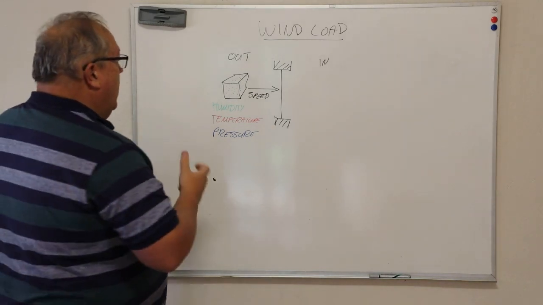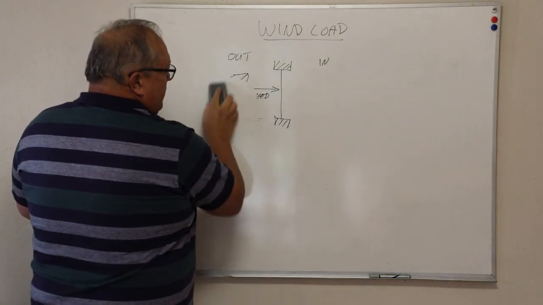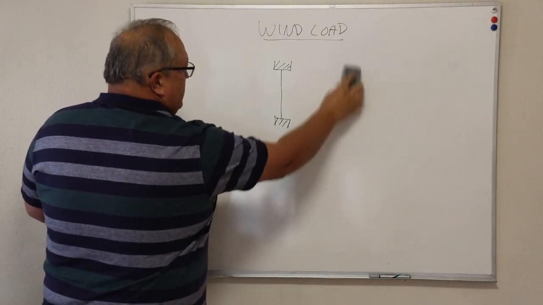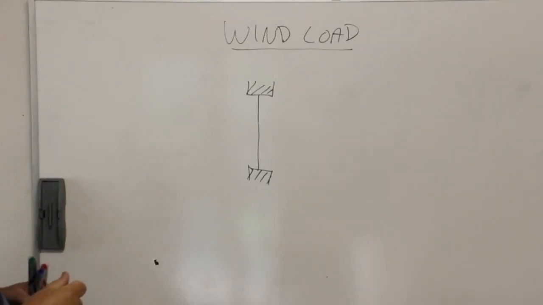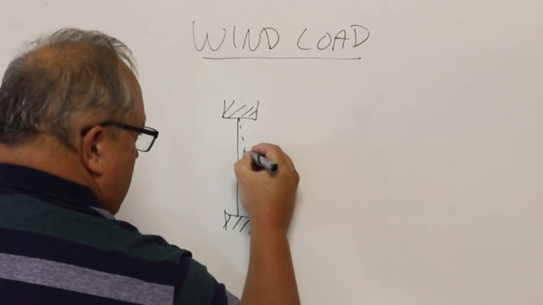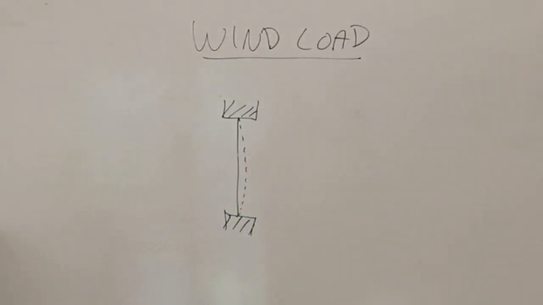Now, why is this important? Well, the main reason why it's important is the National Building Regulations specifies the limit of the deflection of this aluminium profile.